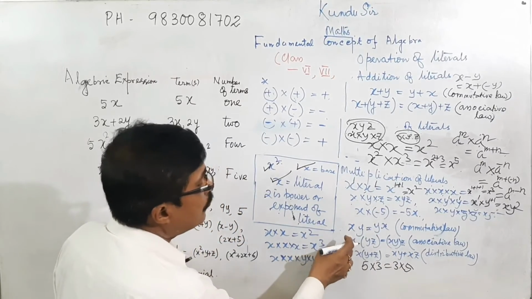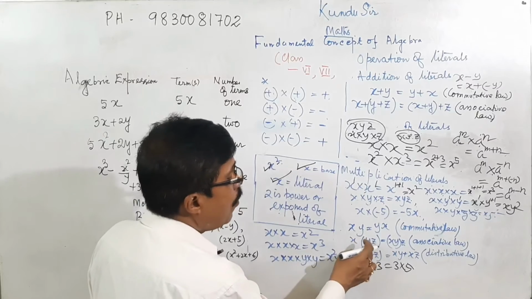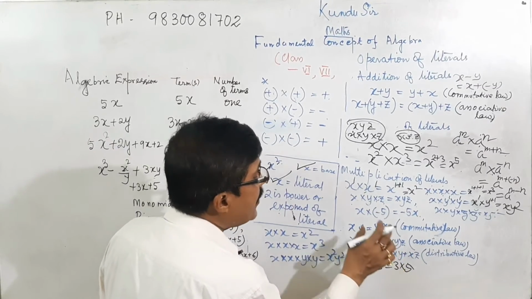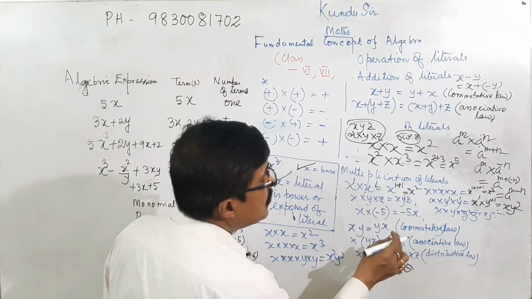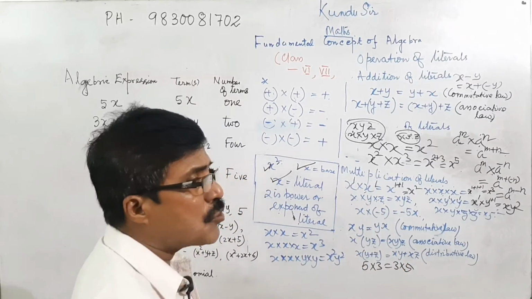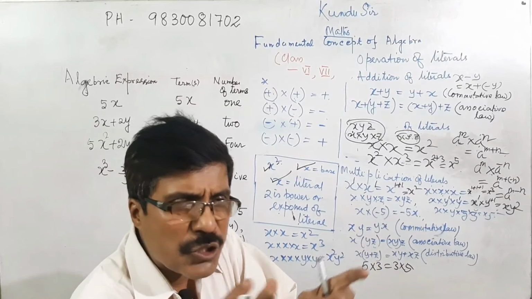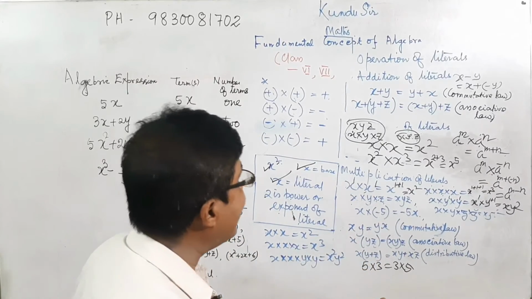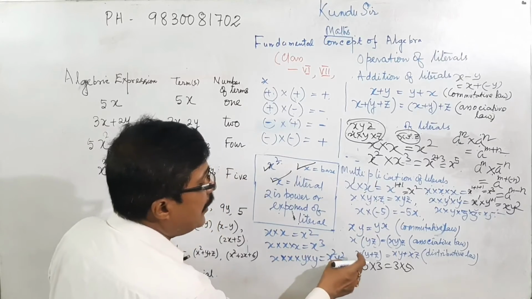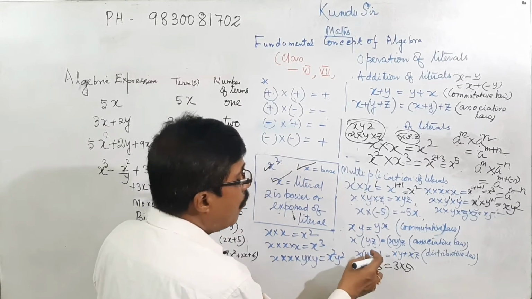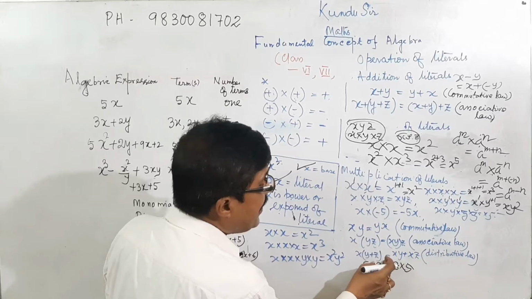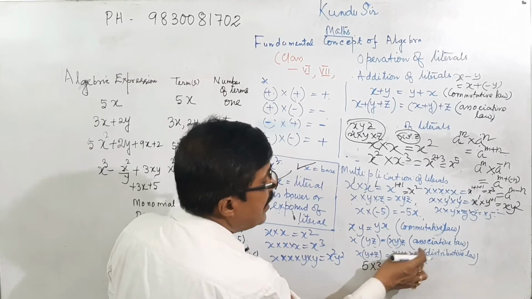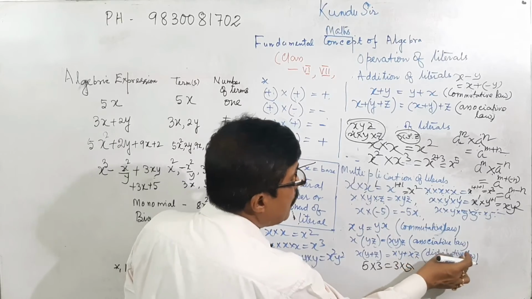Now, x within bracket y into z, we can write x into y in the bracket, then z. It is called the associative law because it is a question of association of literal terms or numerical terms. Now, x into bracket y plus z can be written as xy plus xz. It is called the distributive law.